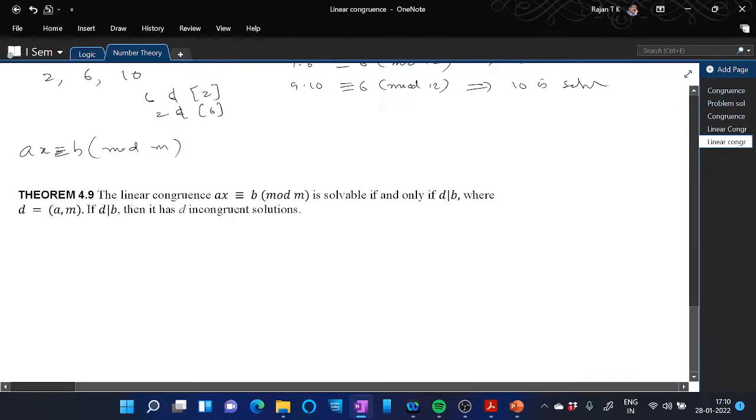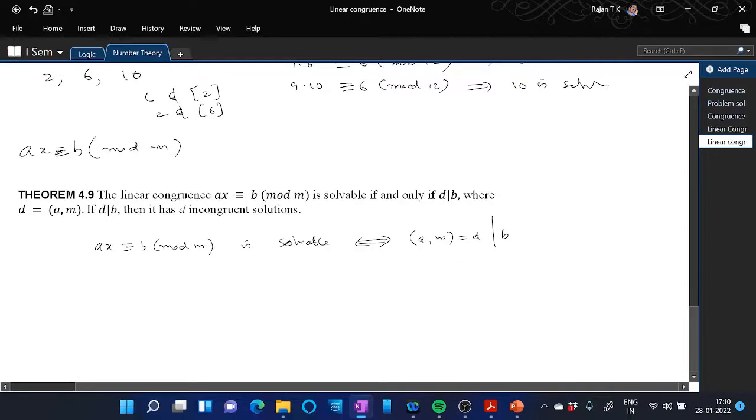The theorem says that the linear congruence Ax congruent to B modulo M is solvable if and only if D divides B, where D is the GCD of A and M. And it has so many incongruent solutions; that means D number of solutions it has. So this is what we are going to prove.